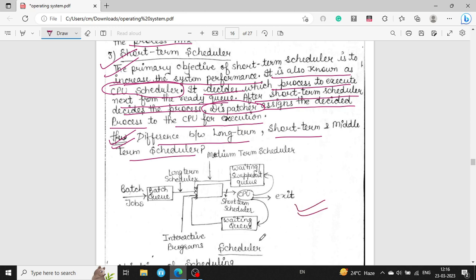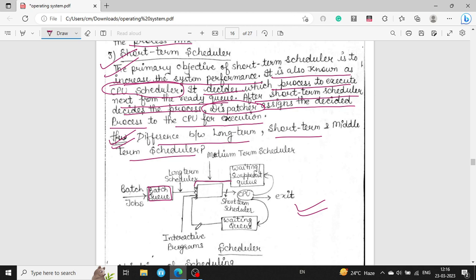This is one example of schedulers combined. Here, first of all, job, batch queue. First it goes into the batch queue. Then the long-term scheduler starts the work, and on the other side the medium-term scheduler handles waiting, swapped out and queue.